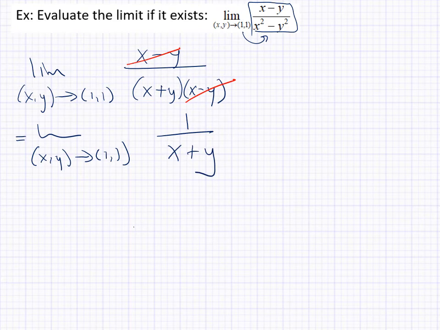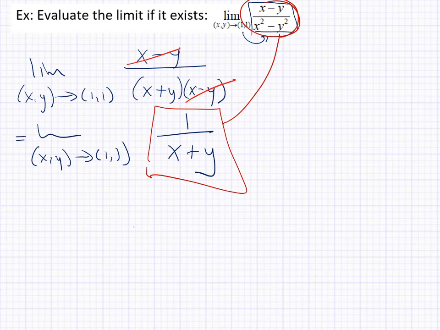Now I have this new function, which is related to the original, but not the same. Related to the original in that this function and this function equal each other everywhere around 1, 1, except for at 1, 1. At 1, 1, this function doesn't exist. However, at 1, 1, this function does exist. So since they're equal to each other everywhere around 1, 1, then the idea is that the limits should be equal.